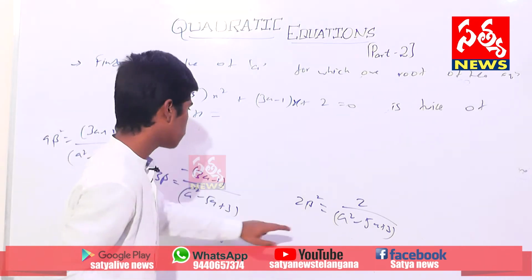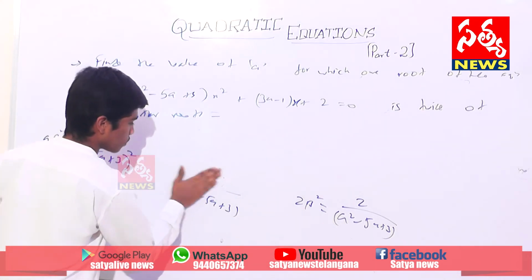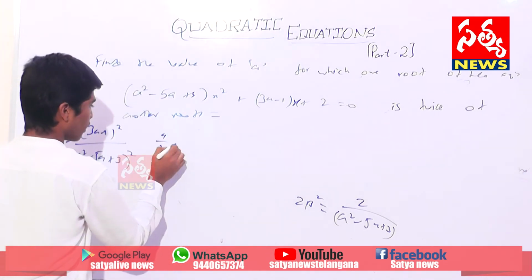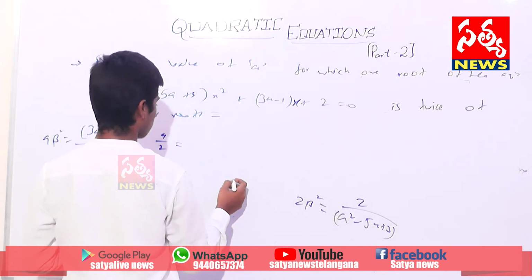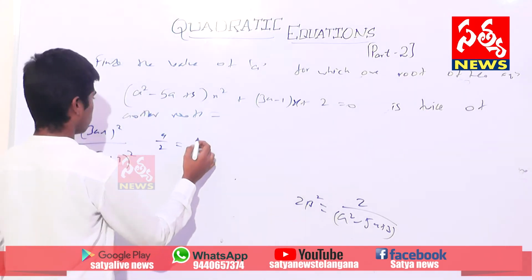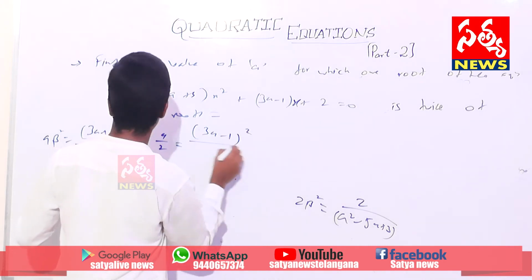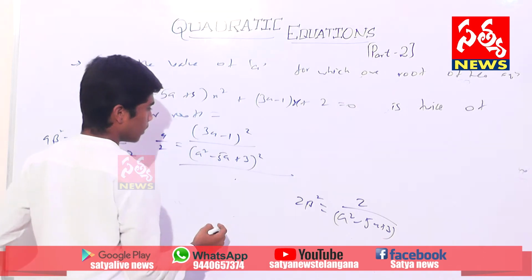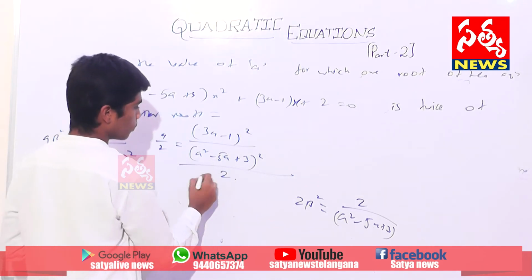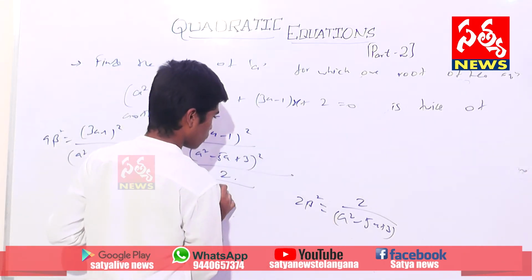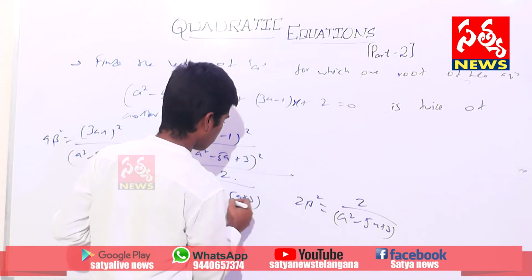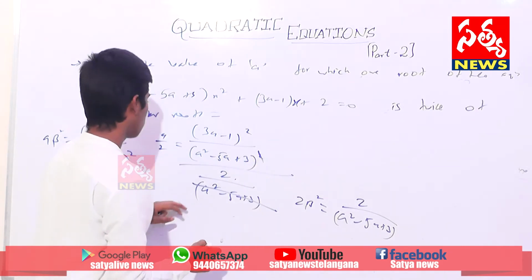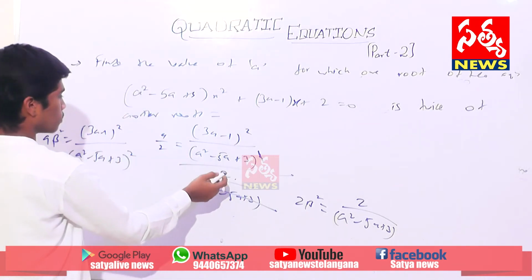Dividing these two equations, we get 9 by 2 is equal to (3a minus 1) whole square by (a square minus 5a plus 3) whole square divided by 2 by (a square minus 5a plus 3). We can cancel 1 and we can cancel this 2 also.